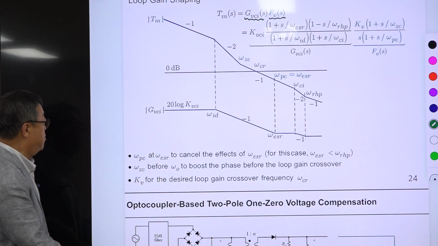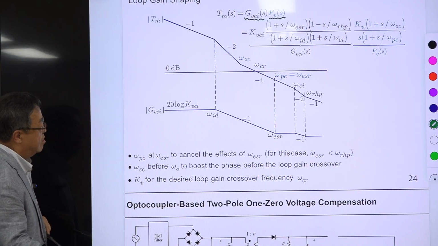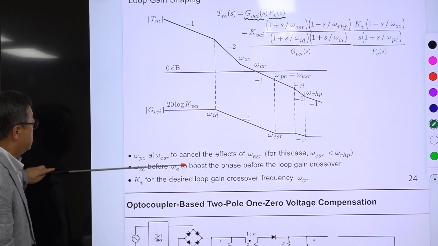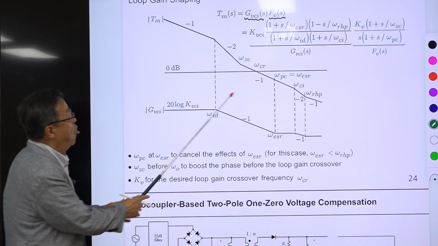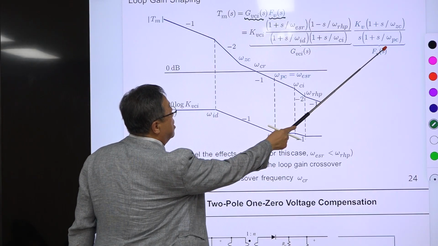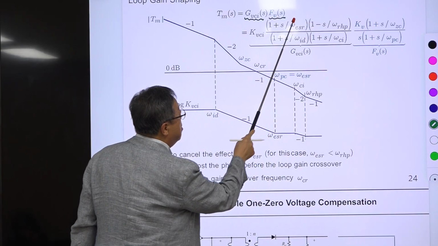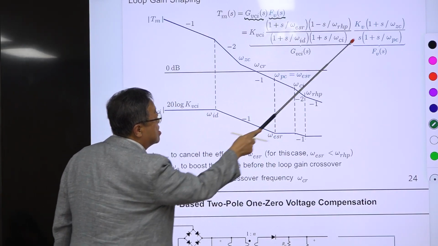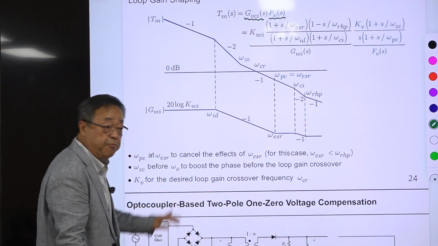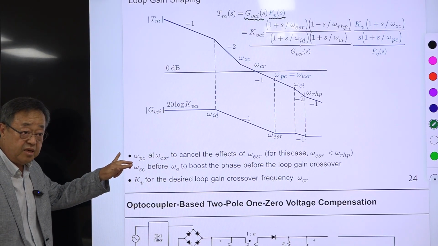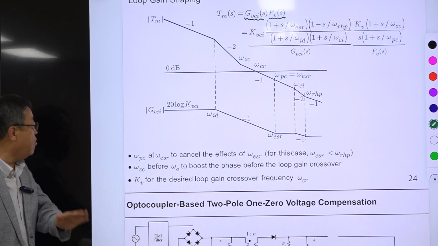And the strategy of this I went through several times, so let me just repeat the conclusion. This omega PC is located at this point to cancel this one and this one, which provides some benefit. That will be clear later.